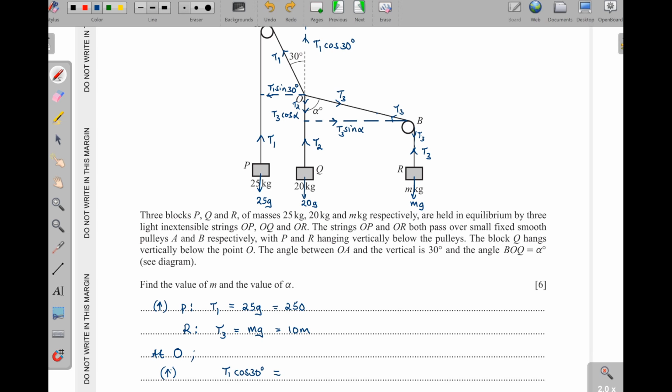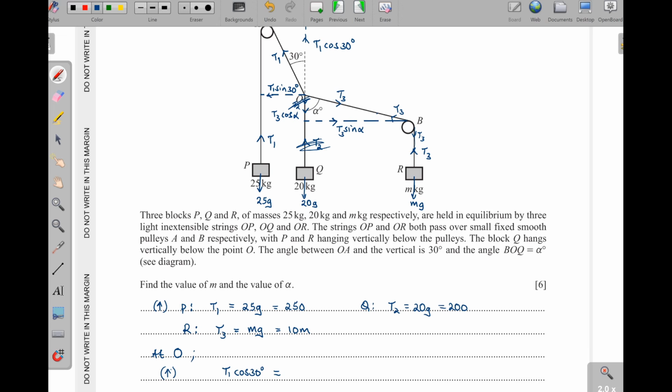T2, actually here, I didn't write for Q. When you look at Q, this T2 shall be equal to the 20G, which is 200. This one is equal to that. Now, meaning the net force that is actually acting at O, already this T2 cancels out with this one.